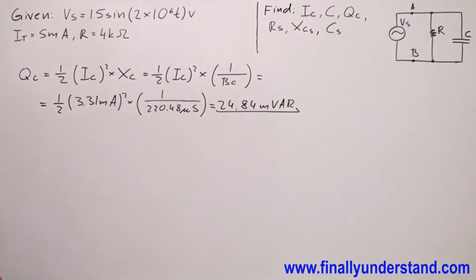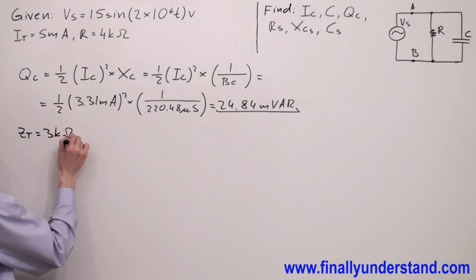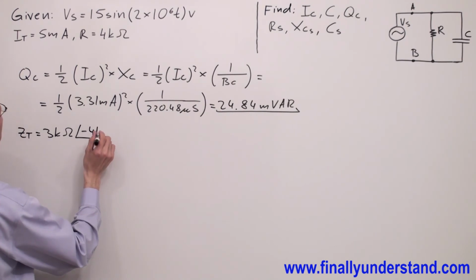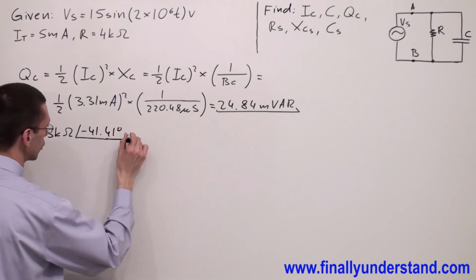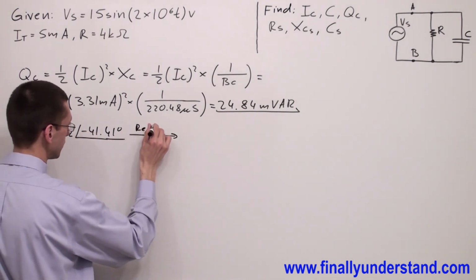Next, I'm supposed to find the series equivalent circuit. So what I'm supposed to do first, I have to write Z total. We found that Z total is equal to 3 kiloohms and angle of negative 41.41 degrees. You're supposed to convert polar form to the rectangular form.